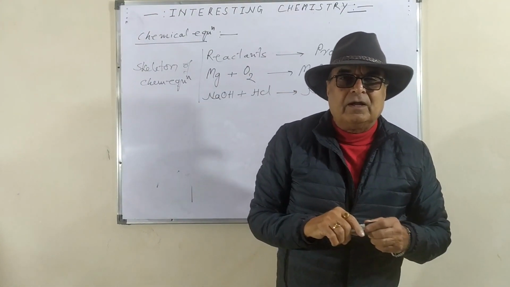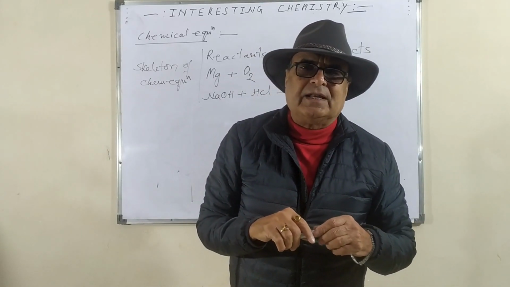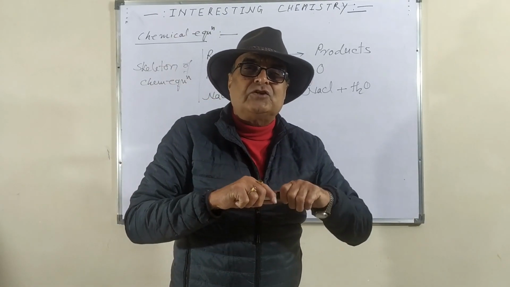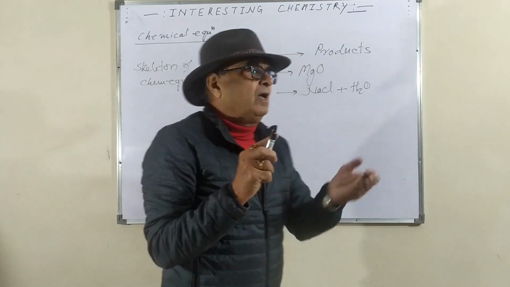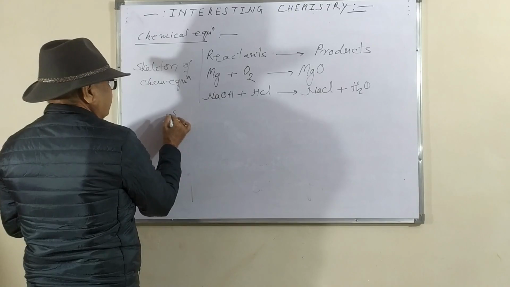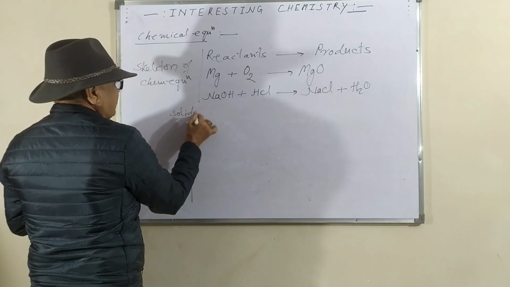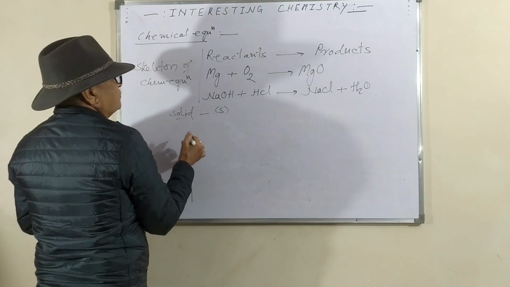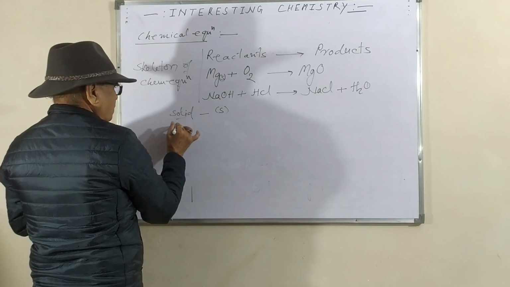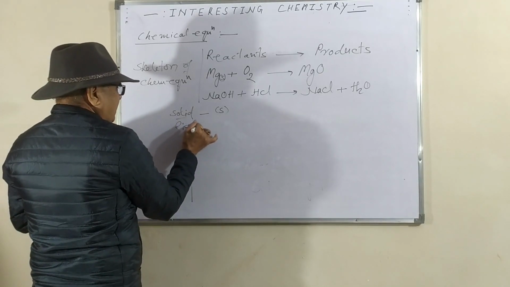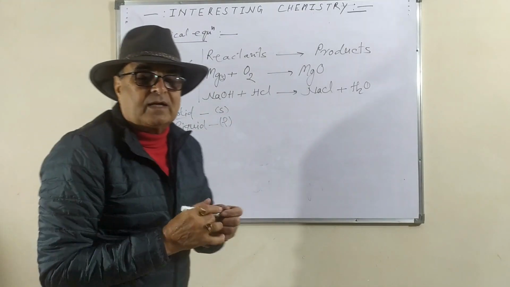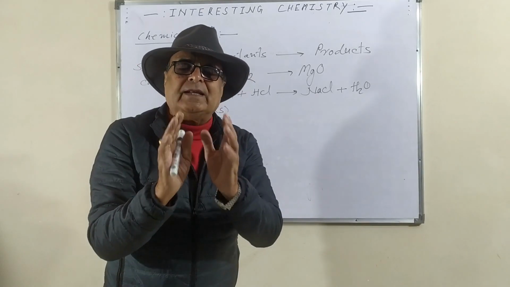Now I am explaining more about the skeleton. If you want to tell the state of the reactants or the products, for solids we can write S. Suppose this magnesium is solid, we can write S. For liquid, we can show it with a small l in a bracket.